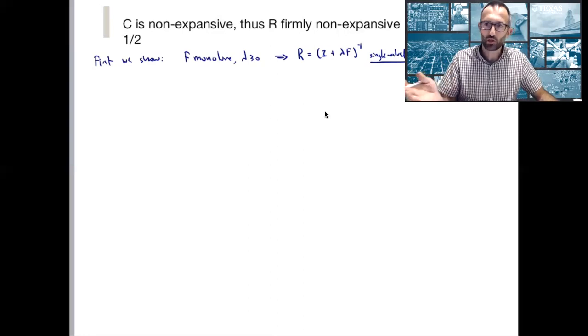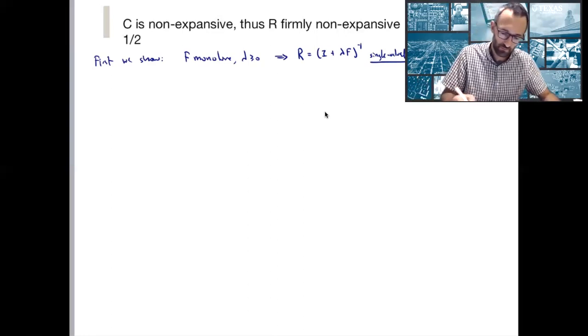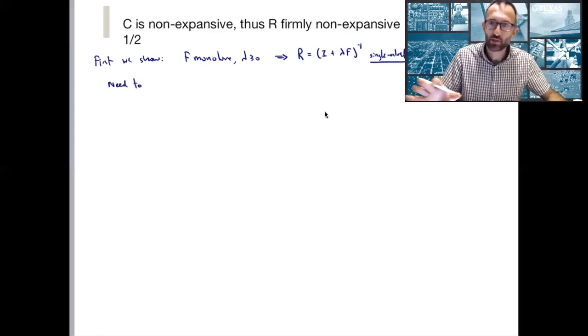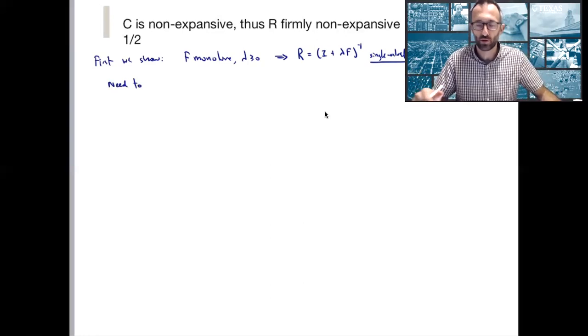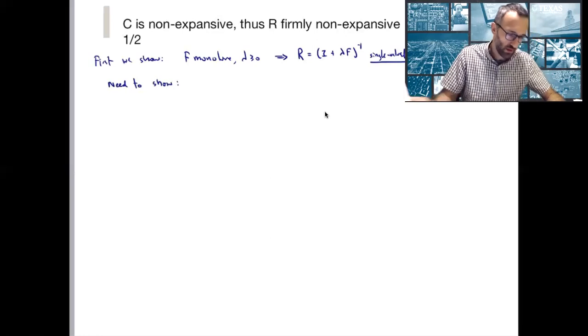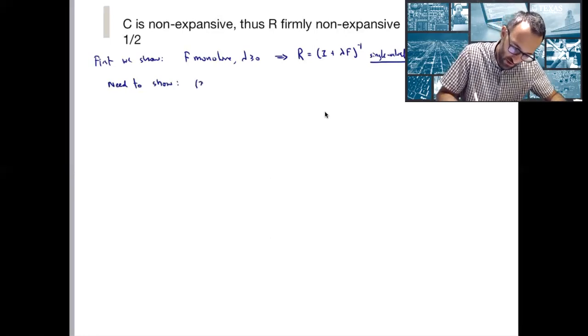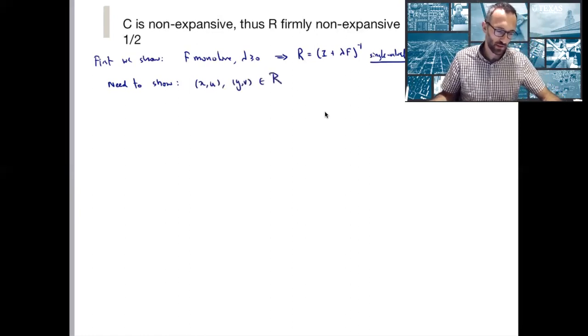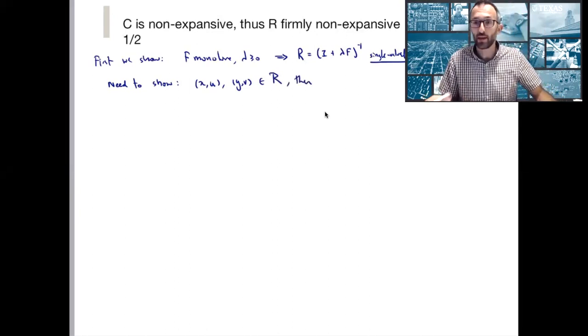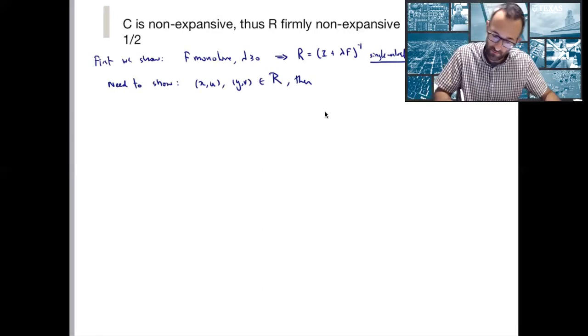Okay, so let's show this more generally. What do we need to show? This will be the first step to showing that the Cayley operator is non-expansive. We need to show that if (x,u) and (y,v) are in our resolvent, then if x is equal to y, it must be that u is equal to v.